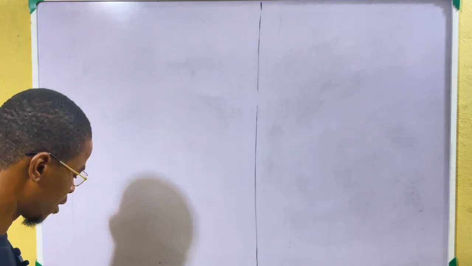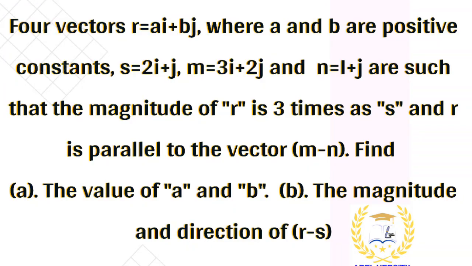The question says, four vectors r equal to ai plus bj, where a and b are positive constants. Vector s is equal to 2i plus j, vector m equal to 3i plus 2j, and vector n equal to i plus j.